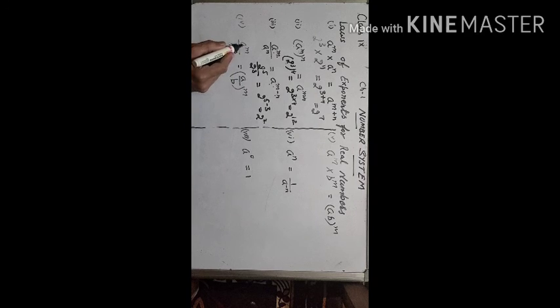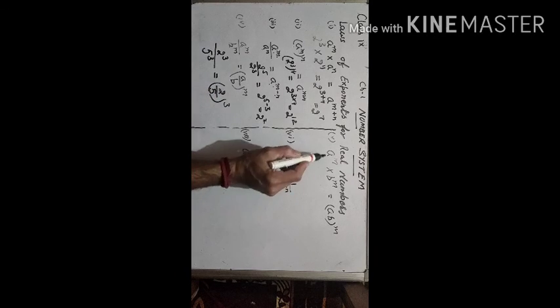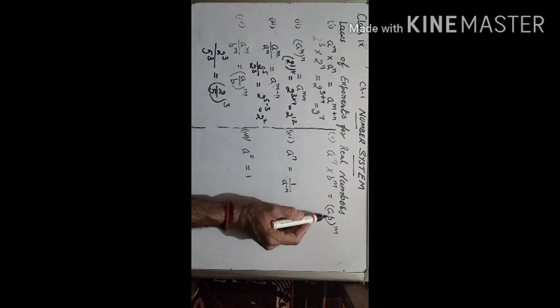Then a and b both bases are different but powers are same, then a by b bracket power m. Suppose 2 to the power 3 upon 5 to the power 3, that becomes 2 by 5 to the power 3.